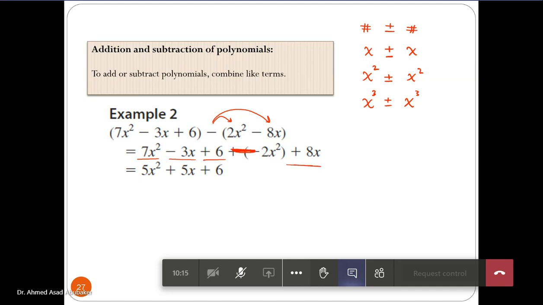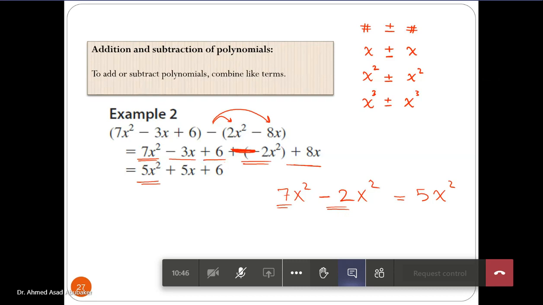Now we have 7x squared and negative 2x squared, so we can add these terms together. The coefficient is 7 minus 2, so we have 5x squared.